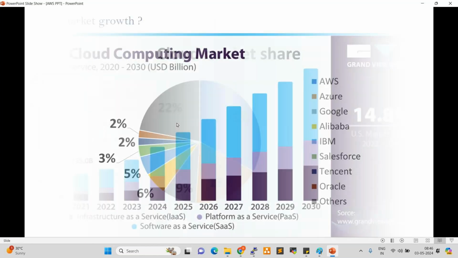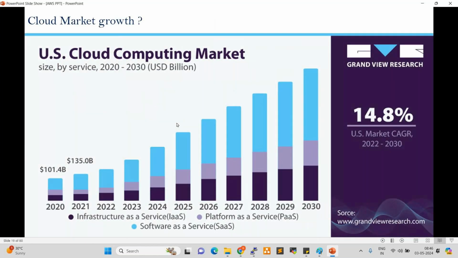See here, the cloud computing market growth. Coming 15 to 20 years, the market would be like this. I'm seeing 2012 onwards, cloud platform. I switched to AWS cloud and DevOps tools in 2012, and from 2012 onwards the growth graph is like this.